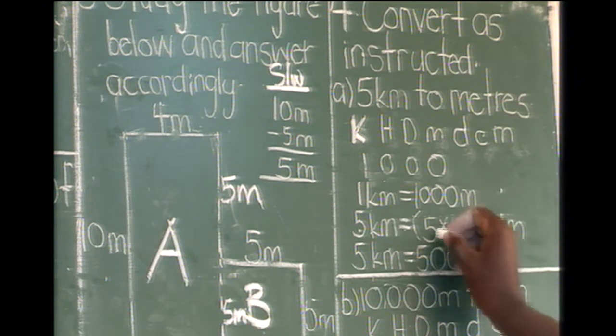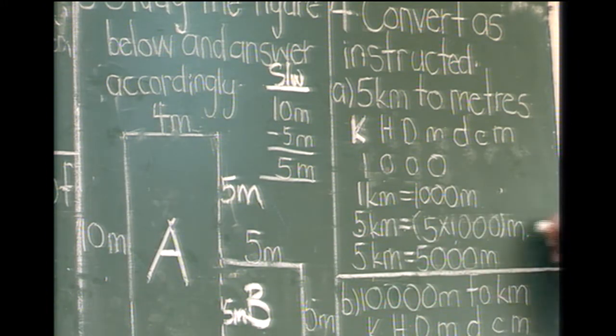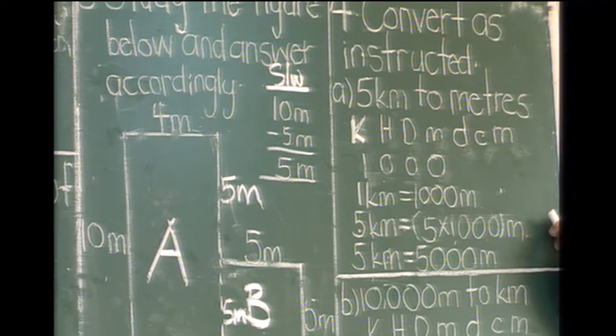So say 5 times 1,000 meters, so the 5 kilometers will reflect a 5,000 meter journey. So in so doing, we shall have converted kilometers to meters. So whenever given kilometers, do the same. Write King Henry's daughter Mary drank cold milk, and then you'll be able to develop any fact about those metric units. Then go to part B.